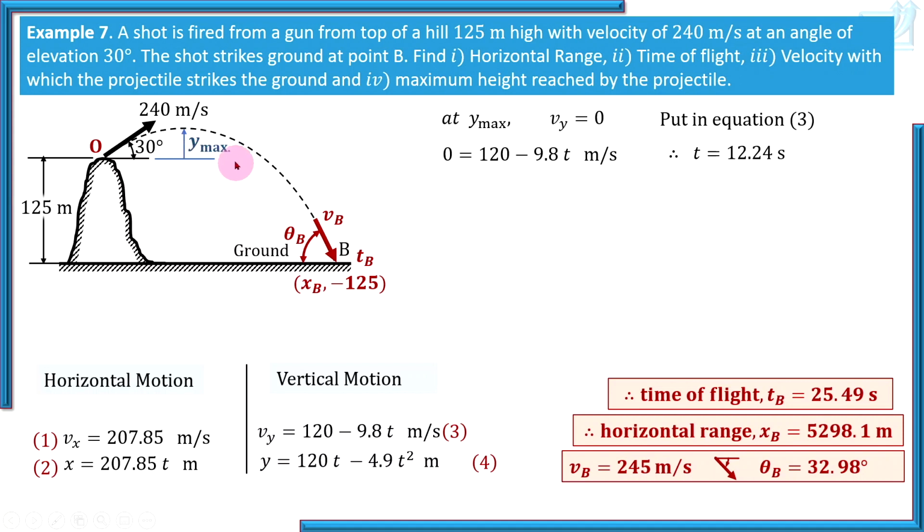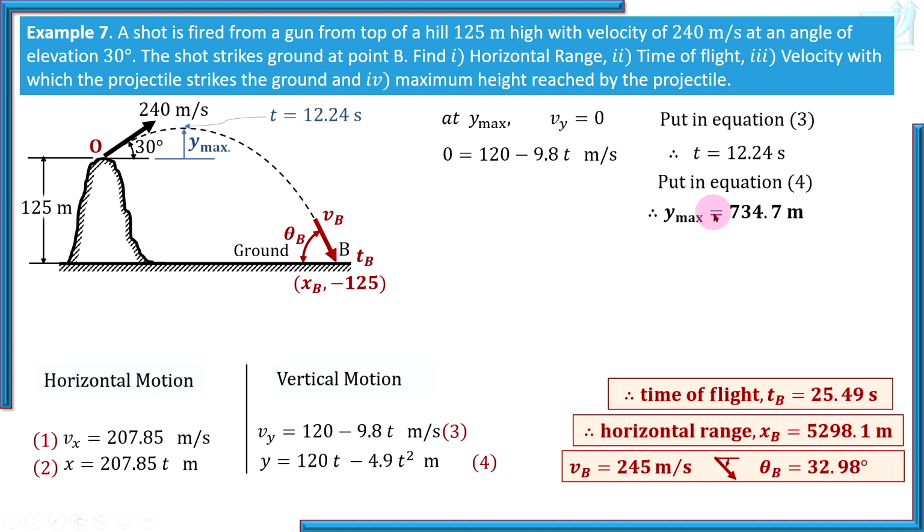But most important thing is y is y coordinate and not height. Coordinates are measured from origin. So this distance now you will get. And this particle reaches maximum height at t equal to 12.4. So put in equation 4 and you have found out y max 734.7 meters.